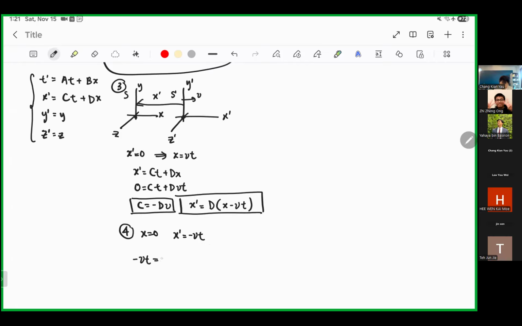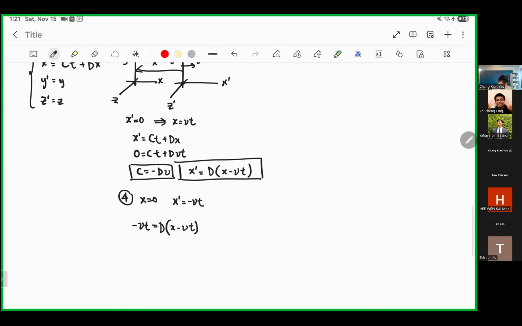If vt equals d, and x equals, wait. Ah, okay, mistake. It should be t prime here.